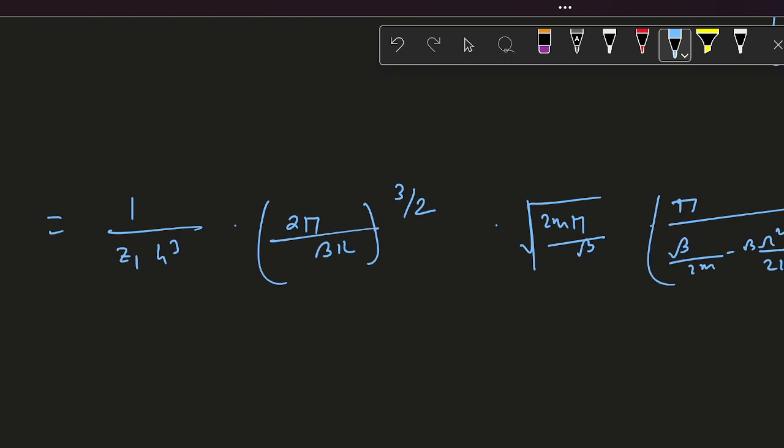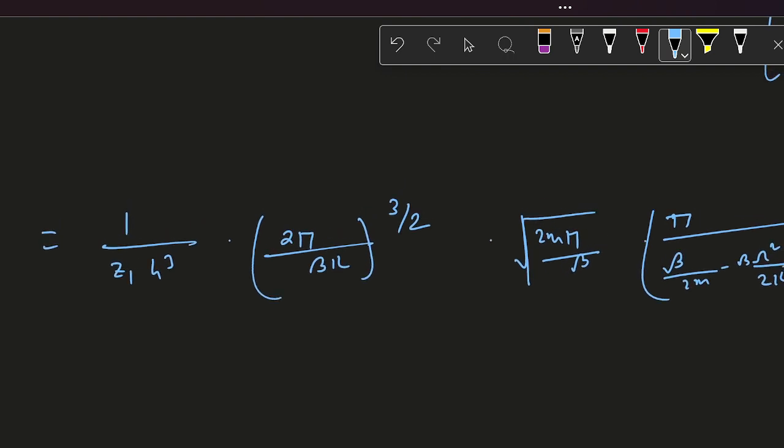Here is your z1 value, let me write it down again for you. This was your 1 by h cube into 2 pi by beta k to the power 3 by 2, into root over 2m pi by beta, and then also pi by beta by twice m minus beta omega squared by twice k.